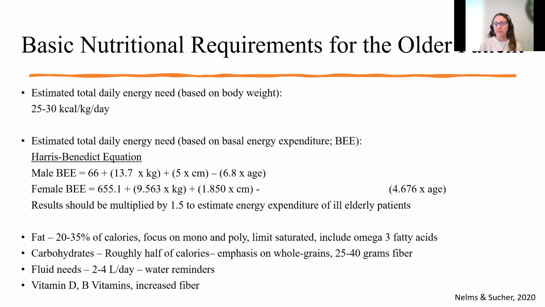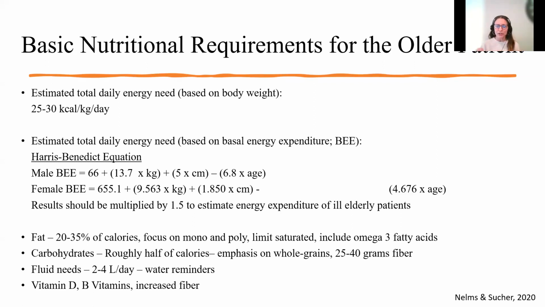A 5'7" adult that is a healthy and fairly active older adult might need somewhere around 2,000 calories. The Harris-Benedict equation, the Mifflin-St Jeor equation can also be used, just making sure that we add any extra calorie needs for somebody who is ill and active. We'll talk about protein on the next slide because that deserves its own discussion.